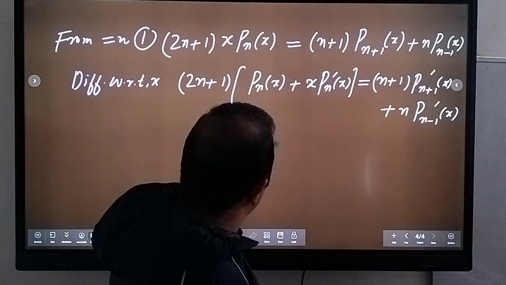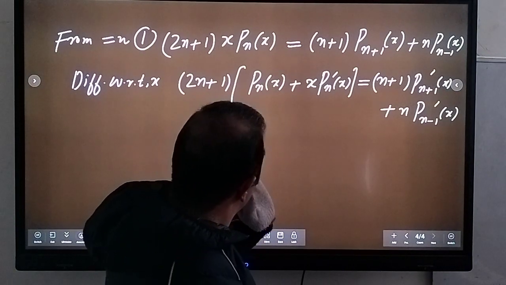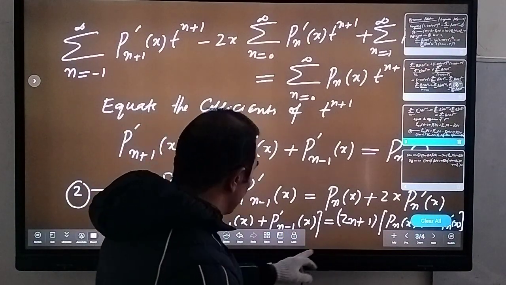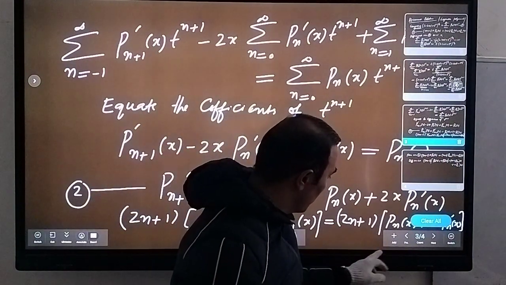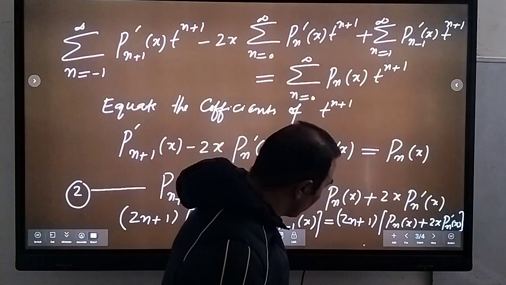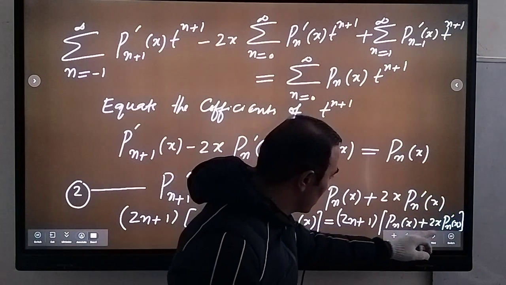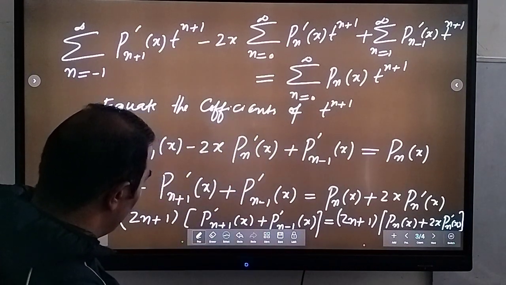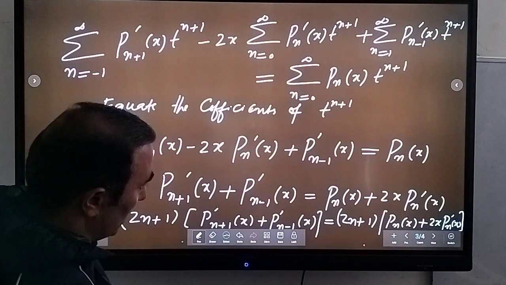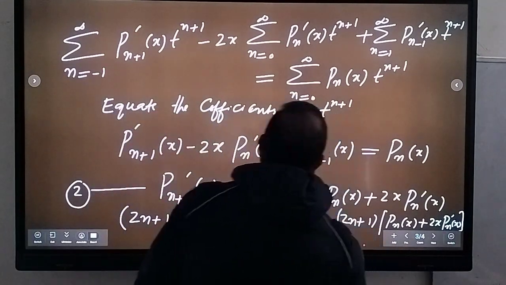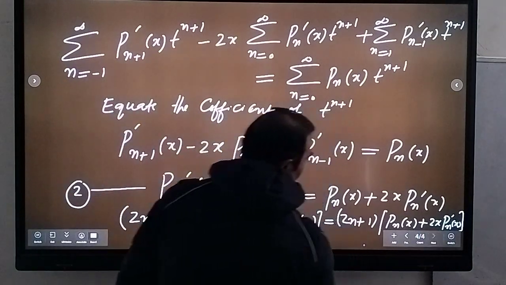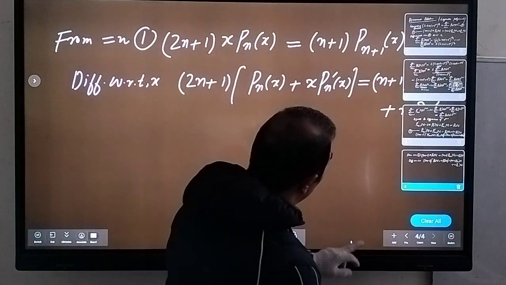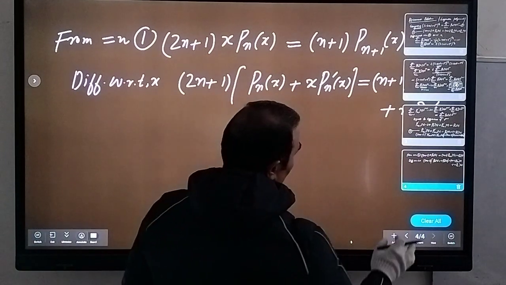So what is pending there? So you can do one thing, because in the previous equation, just have a look. Here what we have is (2n+1) Pn(x) plus 2x Pn'(x), right? So you can write this as. So instead of this, you can use this as, okay, you just do one thing, because there is already a 2 here.